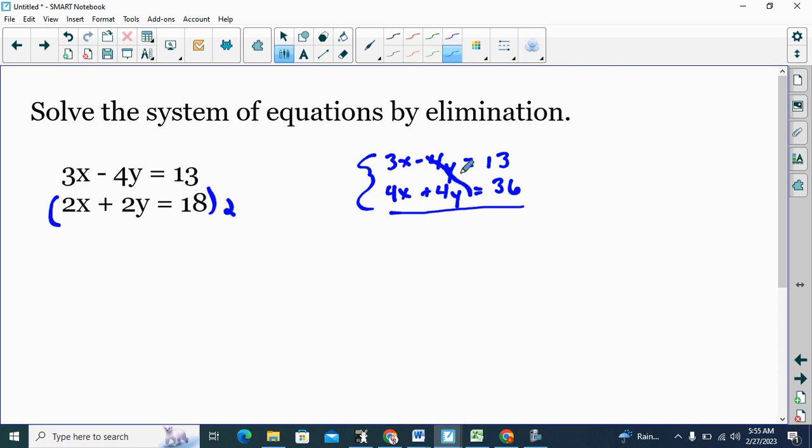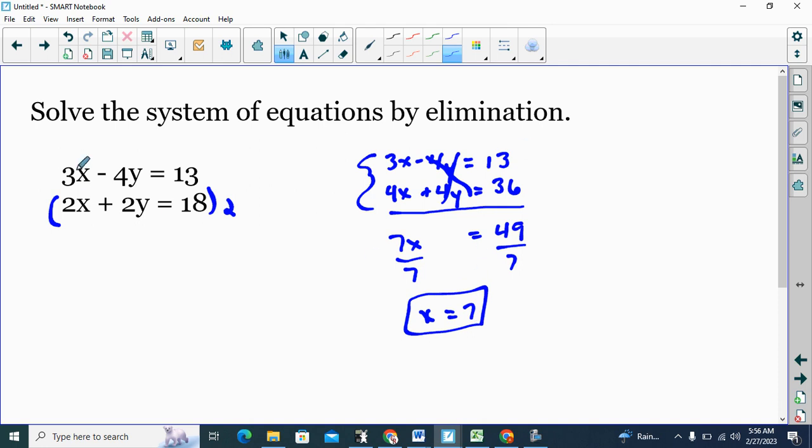Negative 4y plus 4y, those eliminate, they cancel out. 3x plus 4x is 7x. 13 and 36 make 49. Divide both sides by 7. Gives me x equals 7.